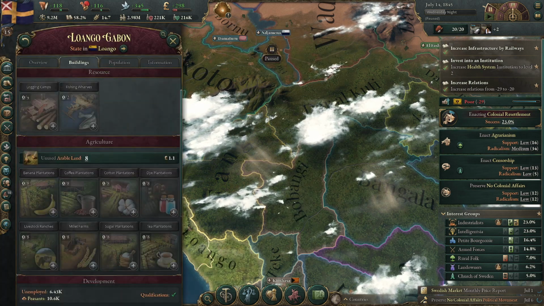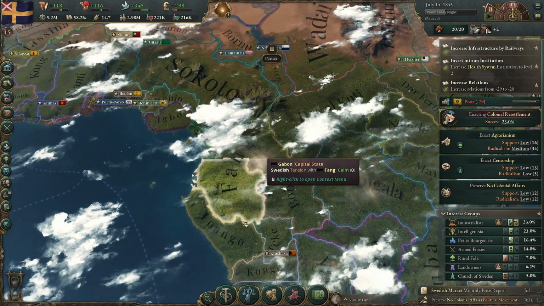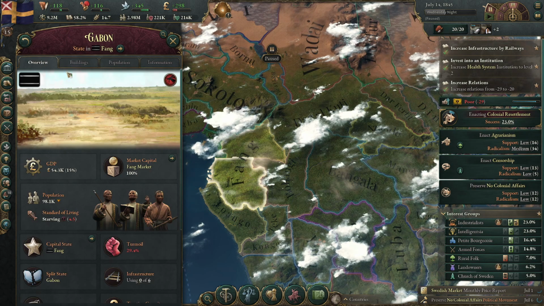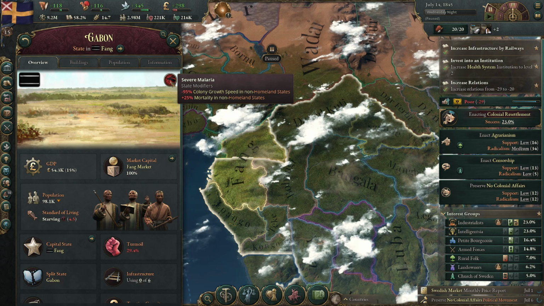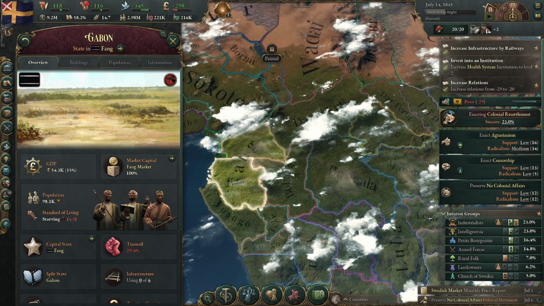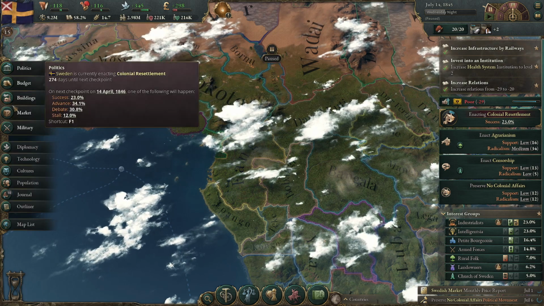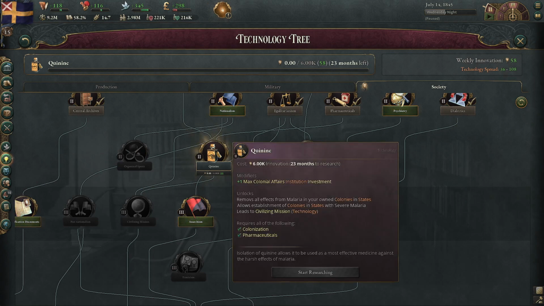Here we've also got bananas, and this seems to be a very wealthy area to colonize, but the downside is that it's got malaria. It says here minus 95% colony growth speed for non-homeland states, plus 25% mortality. And if you come to research technology, look at quinine: it says +1 max colonial affairs, and it removes all effects of malaria in your own colonies, allowing establishment of colonies in states with severe malaria.